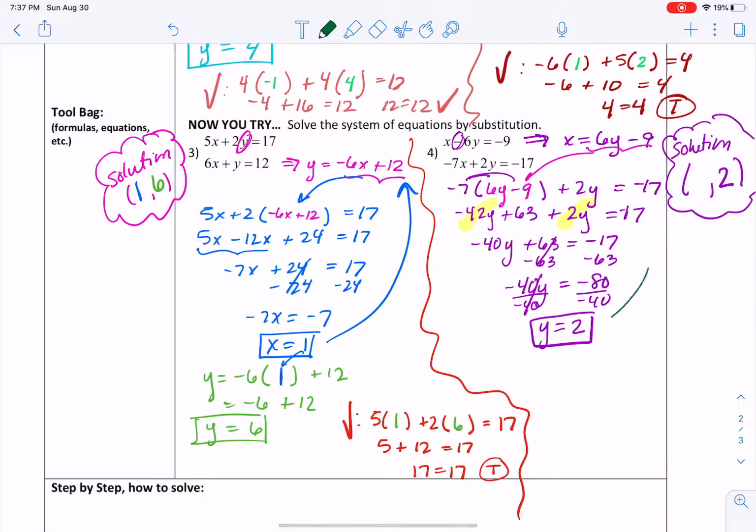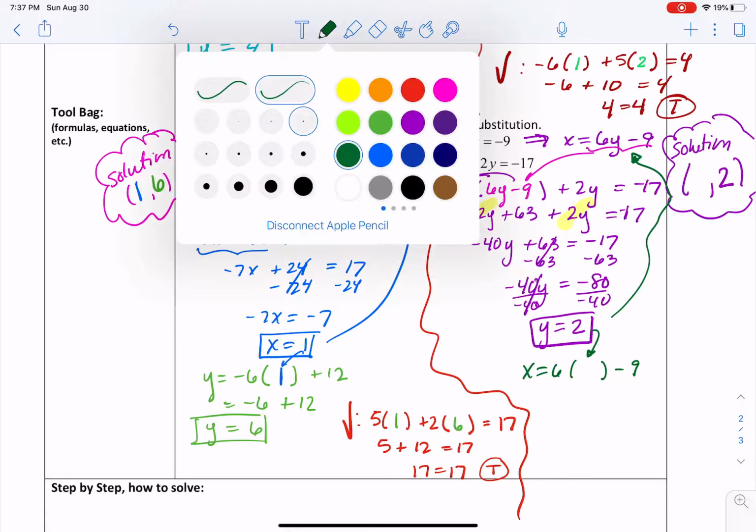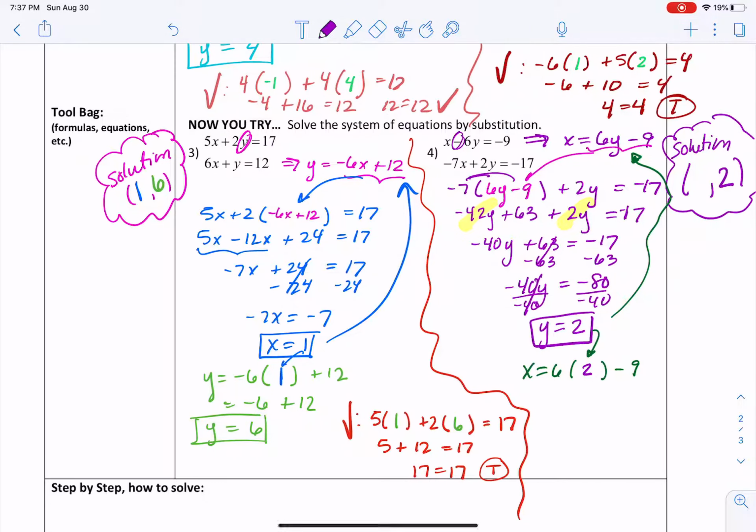Remember, this has to go back up into this equation. So x equals 6 times y minus 9, except that I know that y is 2. So x equals 12 minus 9, x equals 3. So the point should be 3, 2 is the solution to that system of equations.